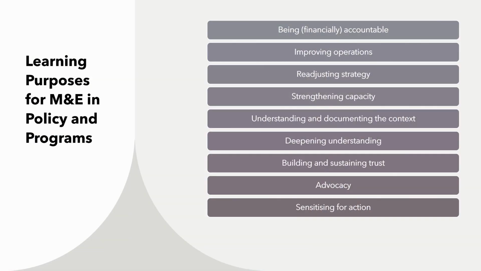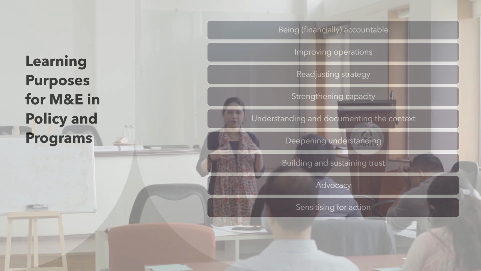Sensitizing for action is when we are able to showcase the change, and create a shared trust and accountability with the beneficiaries, they might be sensitized for action. If I start telling people that I have built a toilet and my reports or my research has shown that there are 15 benefits of having a toilet in your home, there are greater chances that if I do other activities, people might start using toilets.